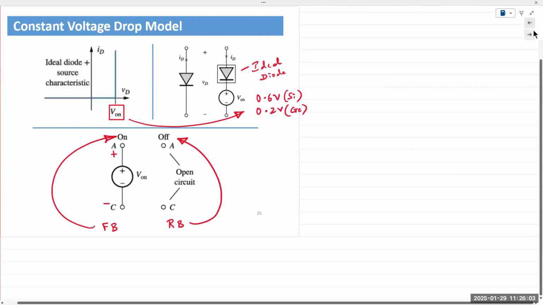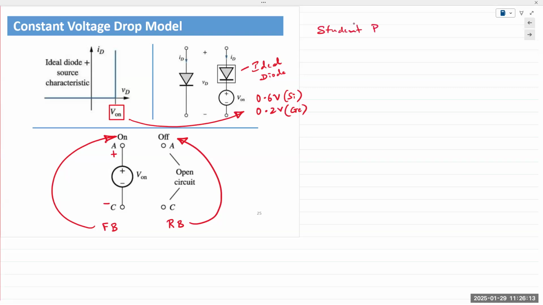So this same example in a constant voltage drop model, I'm going to assign for student practice using the same techniques. All you would do is you would have a voltage source of plus 10 volts here, a resistor of 10 kilo ohms, and assume that the diode is on. You'd have a constant voltage drop of 0.6 volts applied right there.